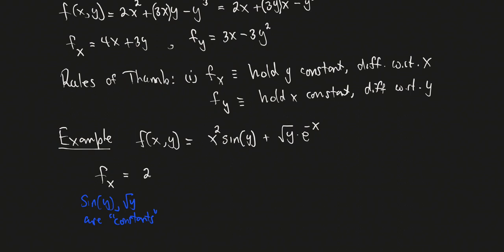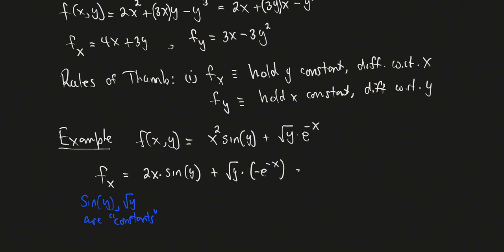So it looks like this, 2x. And since it's a multiple, you just bring it down, the sine of y. And then we have term by term properties, right? So we just differentiated that term, then we're going to bring our plus sign down and differentiate this term. But again, because the square root of y is being treated as a constant, it comes down, so it's root y, and then times, now the derivative of e to the negative x with respect to x is negative e to the negative x.